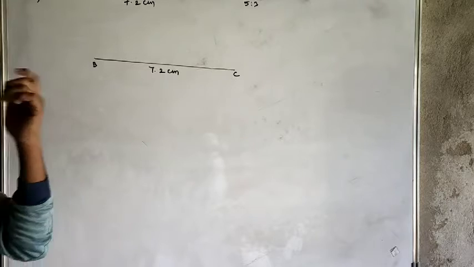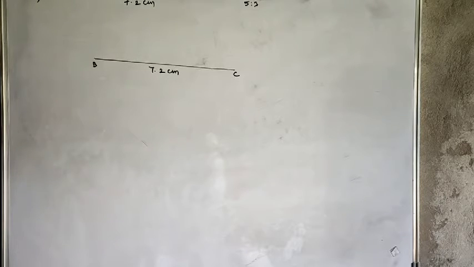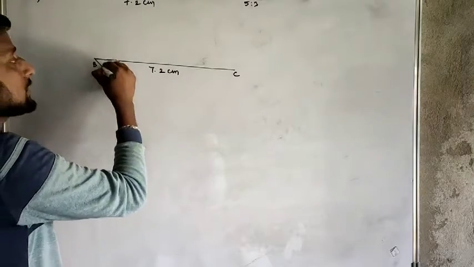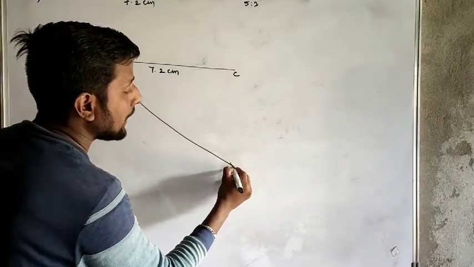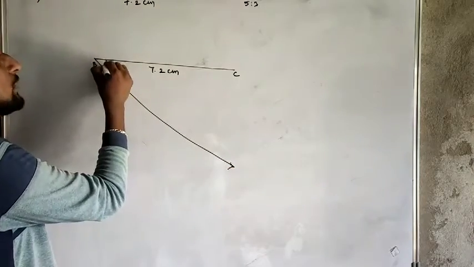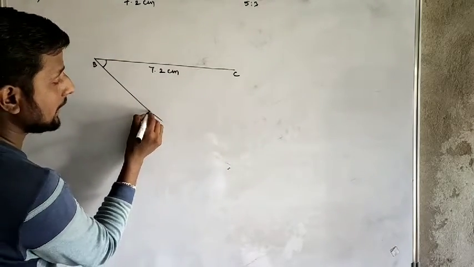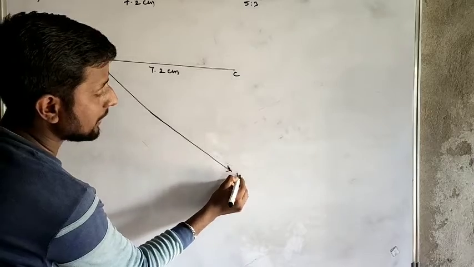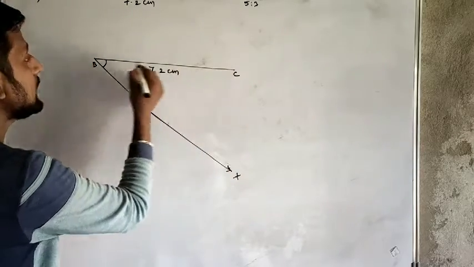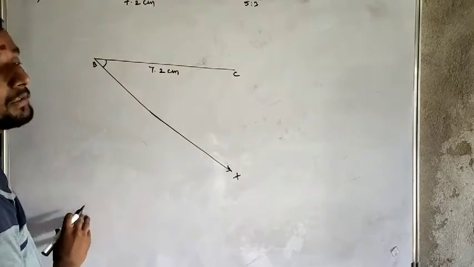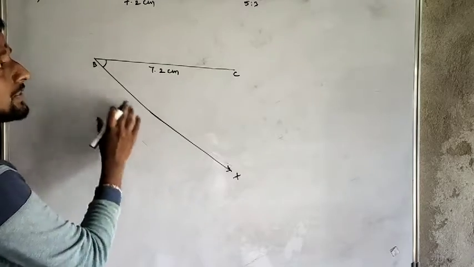First thing, take BC with 7.2 centimeters. Now construct an acute angle, which means less than 90 degrees. Name it here and extend the ray and name it X. Now CBX is an acute angle we have constructed.